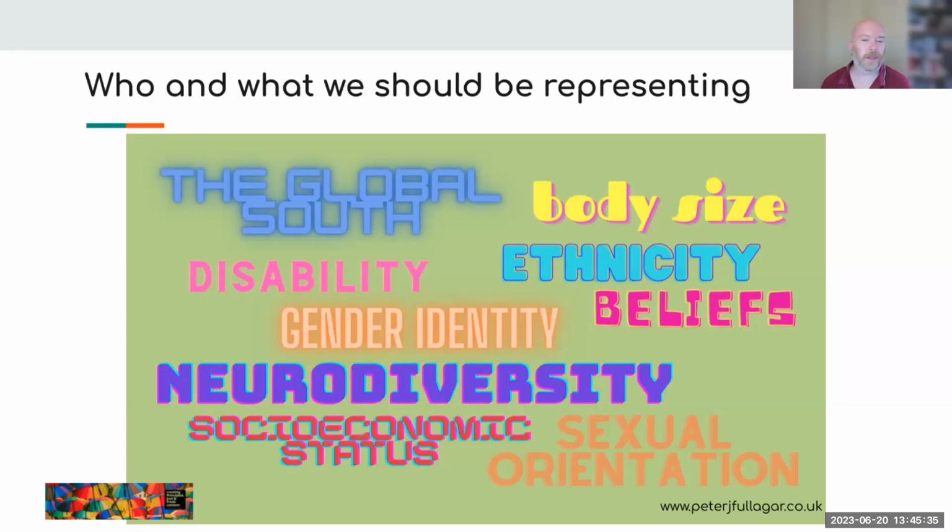Body size. This is another thing that I'm quite passionate about. Mainly in ELT materials, we see slim, tall, blonde, white people with a fairly fit body size.